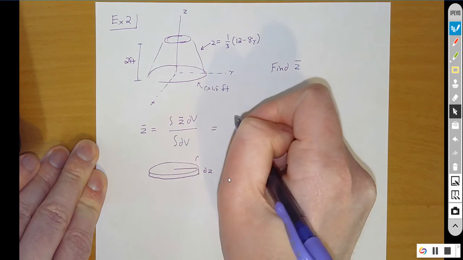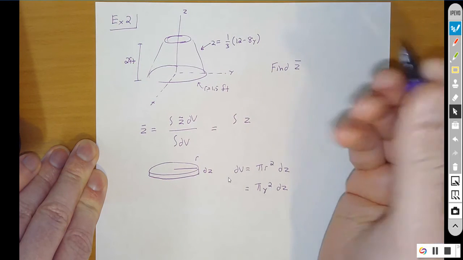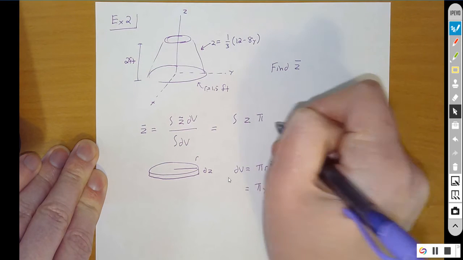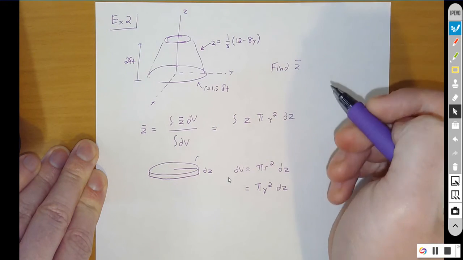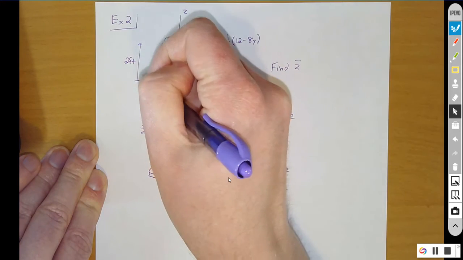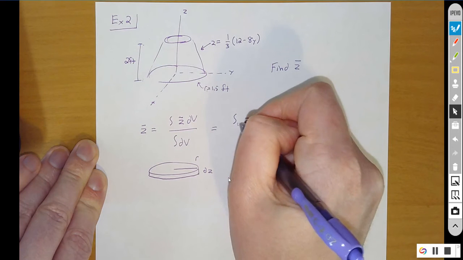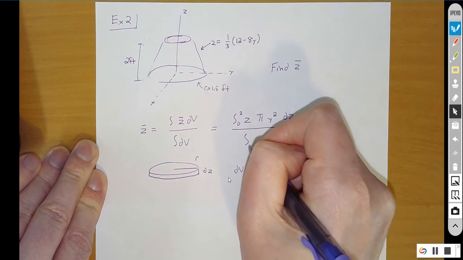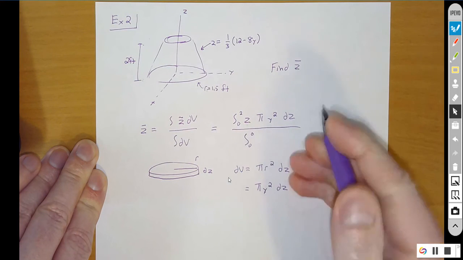Okay, so let's integrate z, and our dV becomes pi y squared dz. In the z direction, we're going to go from 0 to 2. On the bottom, we're also going to go from 0 to 2, with just the pi y squared dz and no z.